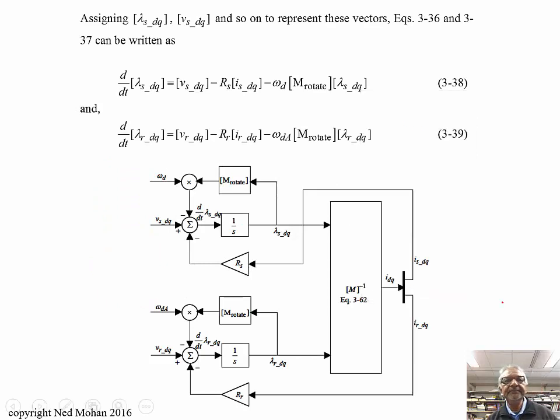And then we can perhaps define this term lambda s dq, which includes both the d and q axis, and similarly vs dq, along with lambda r dq, and write these equations here.